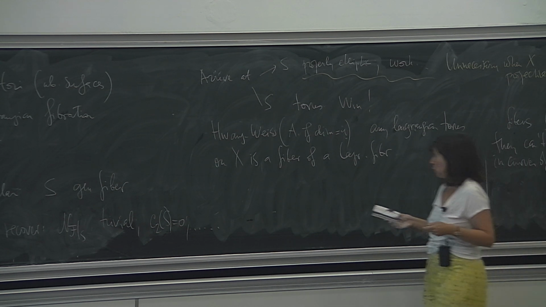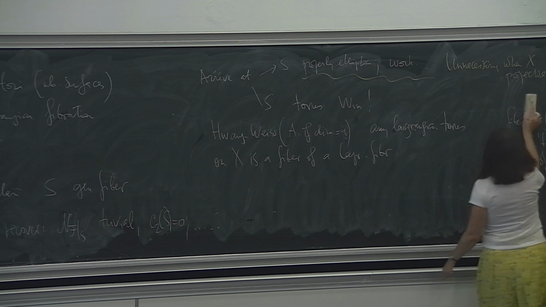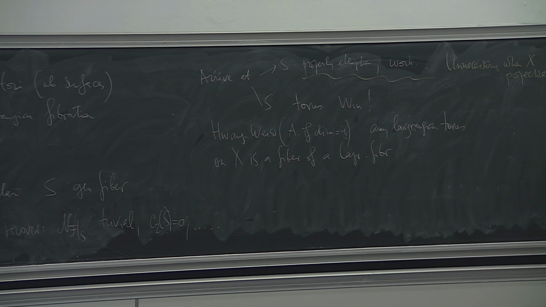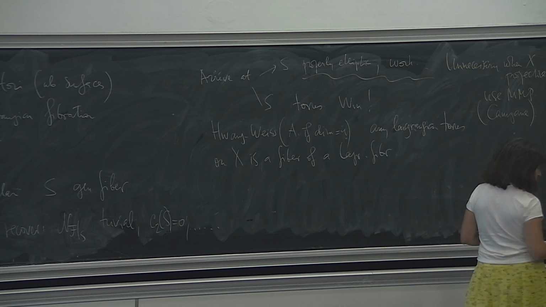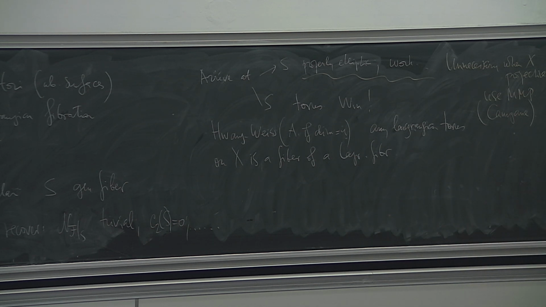I mean, Boville-Bogomolov form we always have, of course, but use MMP. This was a remark suggested by Campana. What you do in the projective case, you reason in function of this Boville-Bogomolov form.